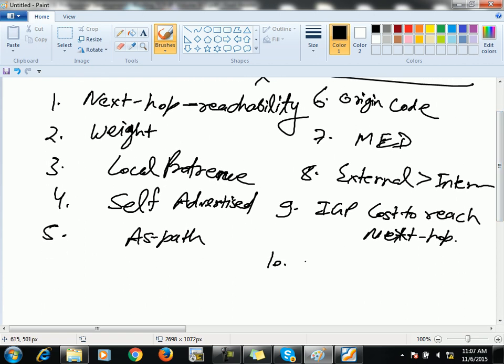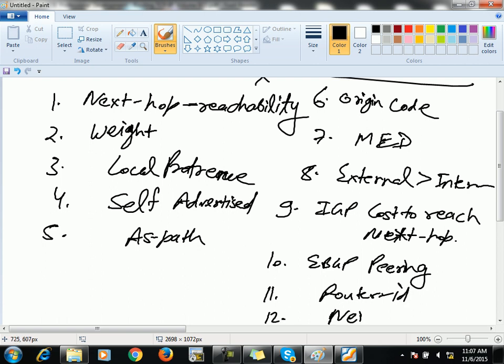Tenth, it will compare eBGP peering, then router ID, and finally neighbor IP. Neighbor IP, that's it.